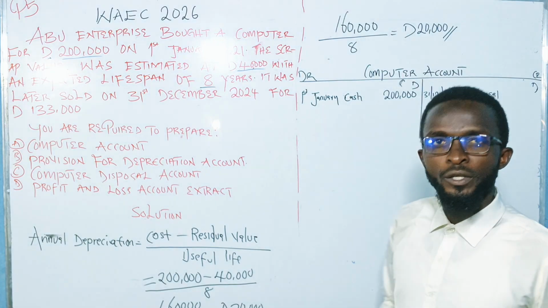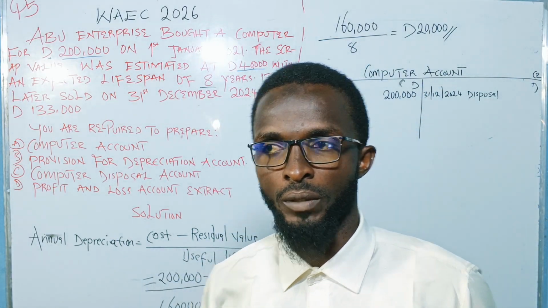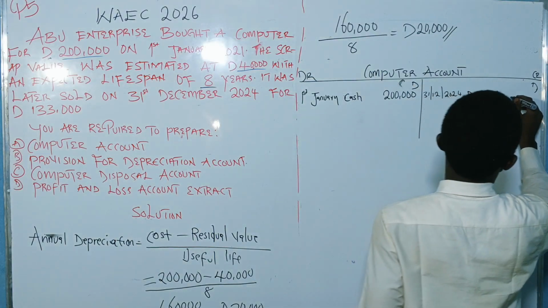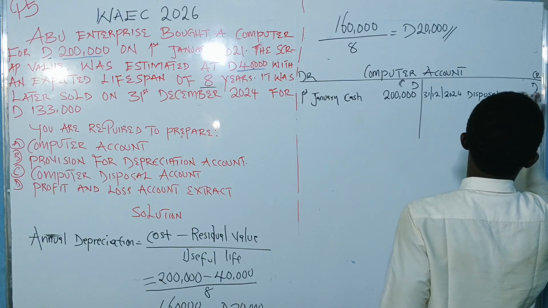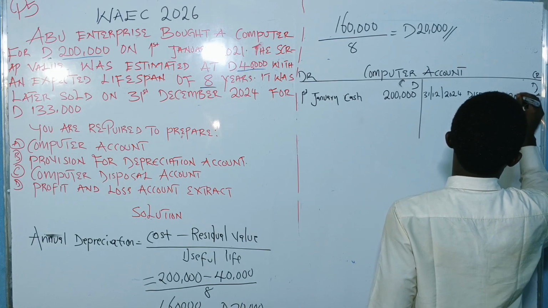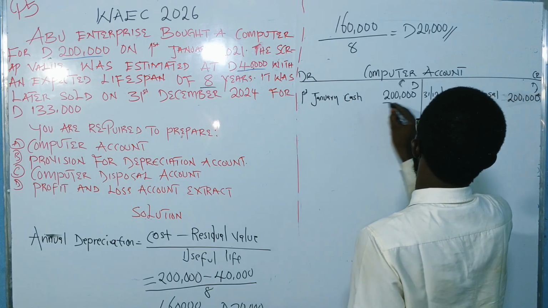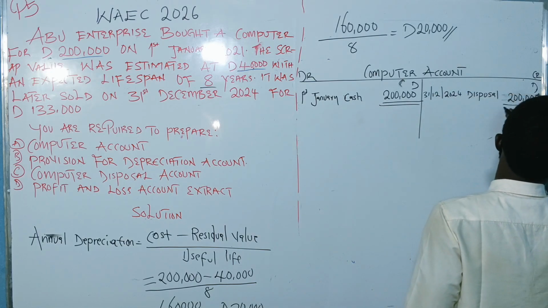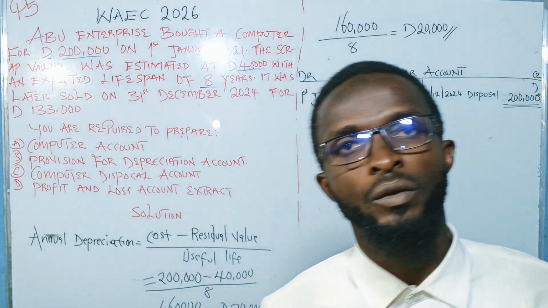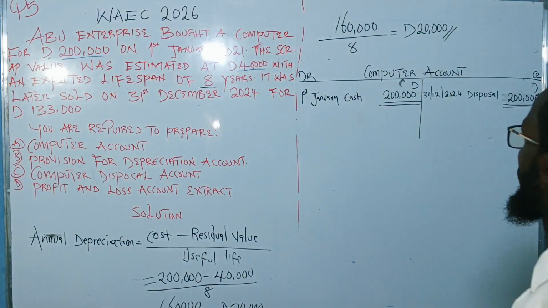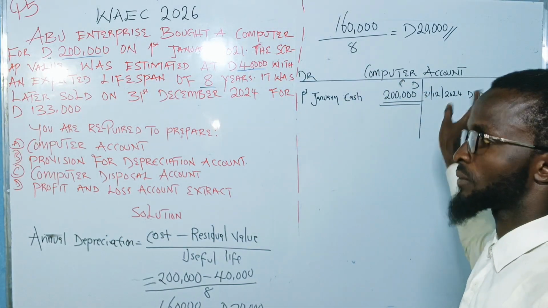But here, you are going to write the value of the asset, not the amount the asset was sold for. Come on, write $200,000. Close the account. You are done with the computer account. It just shows that an asset has come and the asset has left.